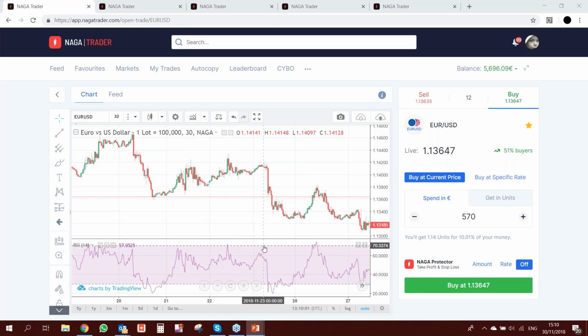For RSI, the overbought area is above 70 and below 30 is the oversold. These two areas are usually where signals are provided, either when the oscillator reaches the overbought area or the oversold area. We will get into more details on how to trade the signals provided in these areas at a later stage.